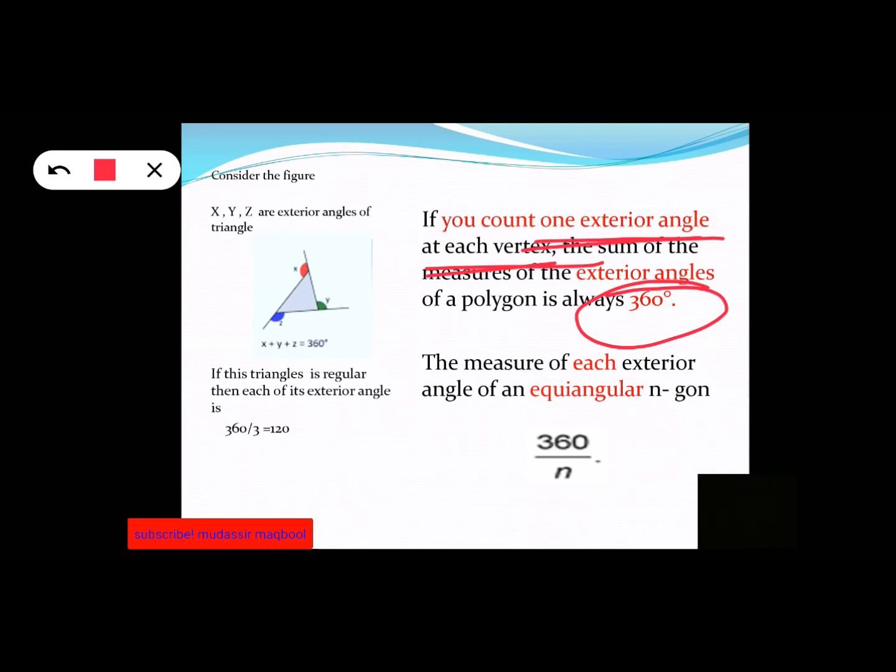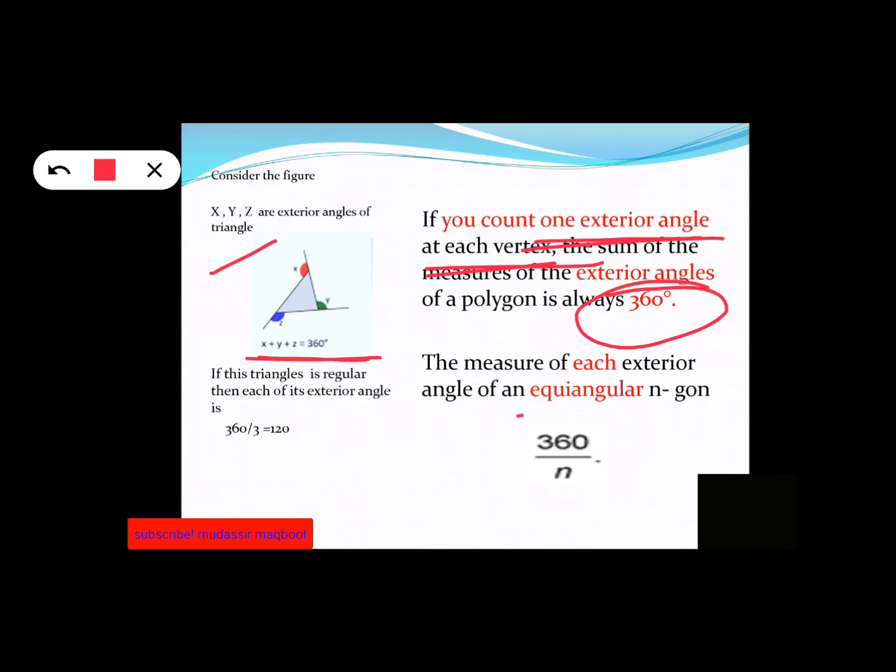For example, we have a triangle. We have three exterior angles, x, y, and z, each one at one particular vertex. Then x plus y plus z, that is sum of all the three angles, will be equal to 360.